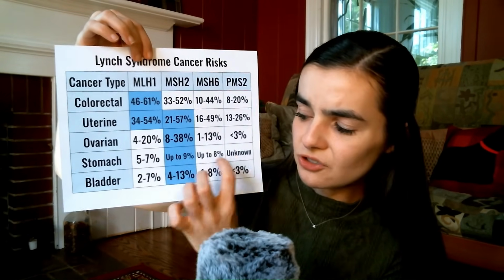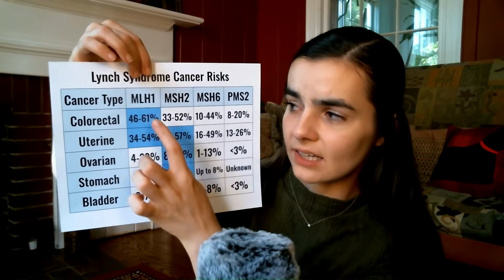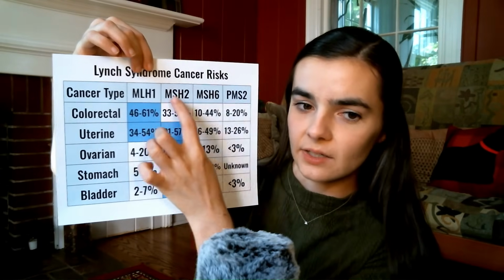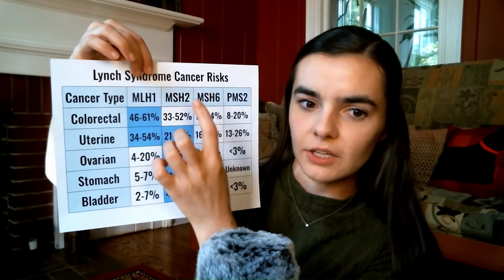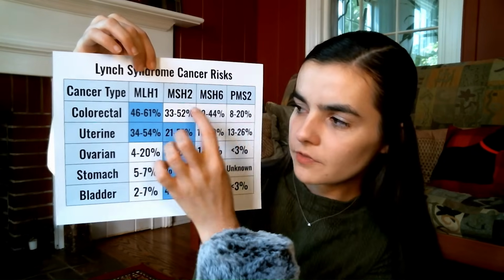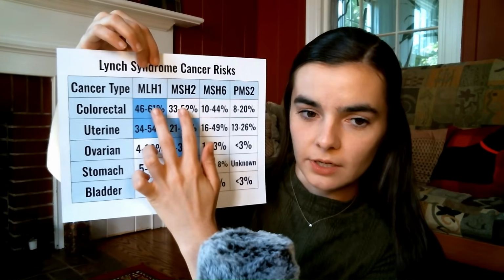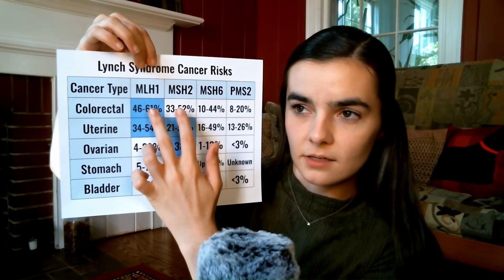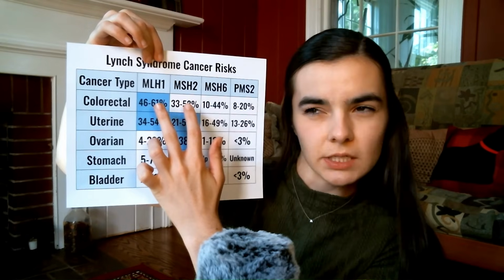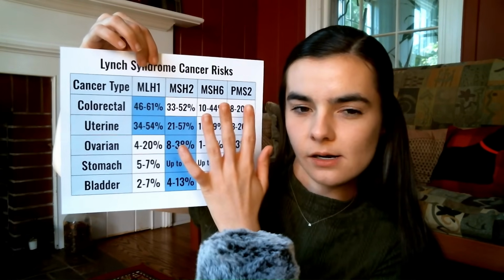That's generally how it goes for all of the risks: this is the order from highest risk to lowest risk. With these two genes, around 50%, you're supposed to start getting colonoscopies at 20 to 25, I think, and with these it's 25 to 30, I think.